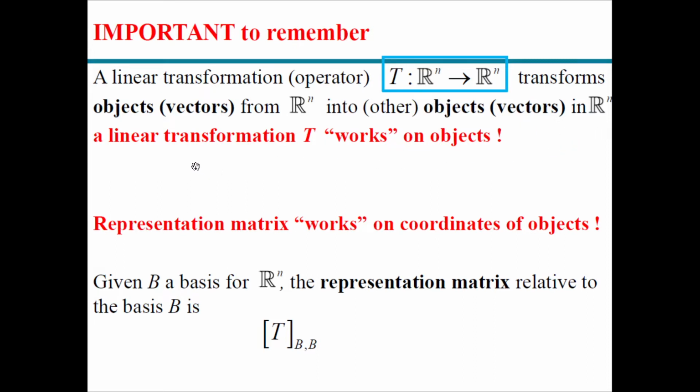So that's why we say a linear transformation works on objects. Representation matrices work on coordinates of objects, and a representation matrix depends on the basis we choose. So if we choose a basis B for Rn, then the representation matrix is given here, T_BB, right?